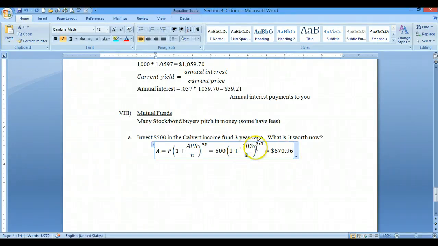So annually is 1 time a year, 3 years, and again, n is 1 time a year. And I guess technically those should be reversed. However, 3 times 1 is the same as 1 times 3. Plugging that into your calculator or into Microsoft Excel will get you $670.96. And that is how much your original $500 investment is now worth after 3 years.